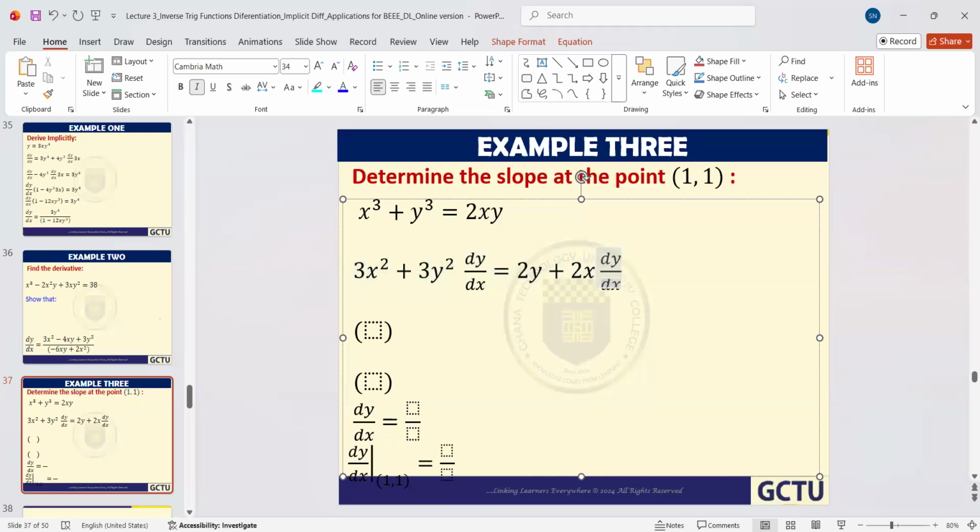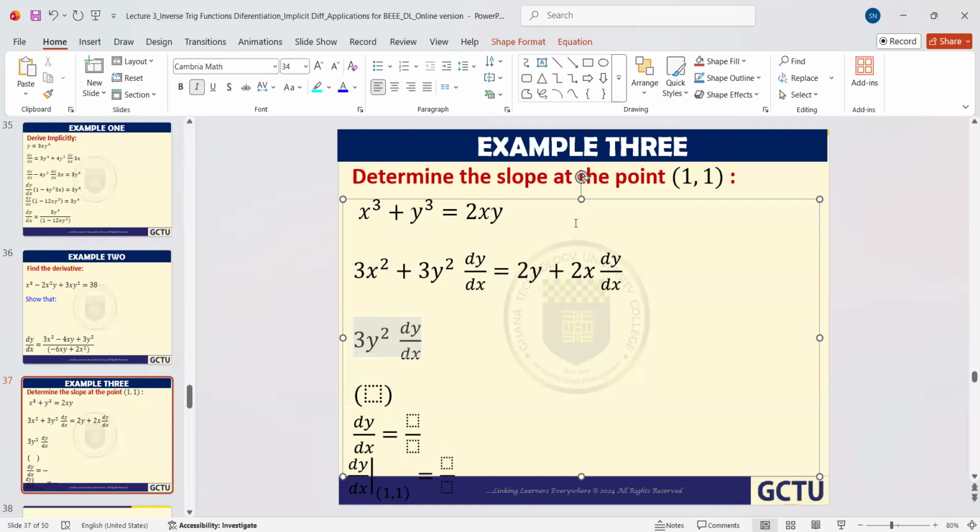Now then, what do we do next? We group like terms. So I have dy/dx here, and I have dy/dx here. So I'm going to bring this 3x squared to the right-hand side. I'll be left with 3y squared dy/dx on the left. Then I bring the term on the right.